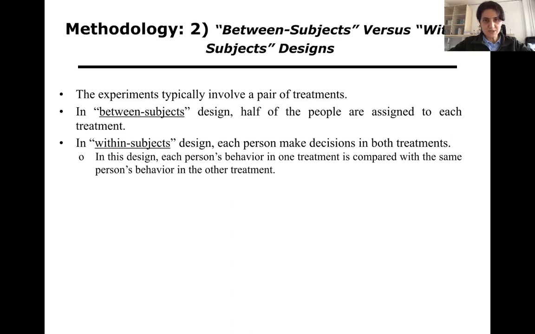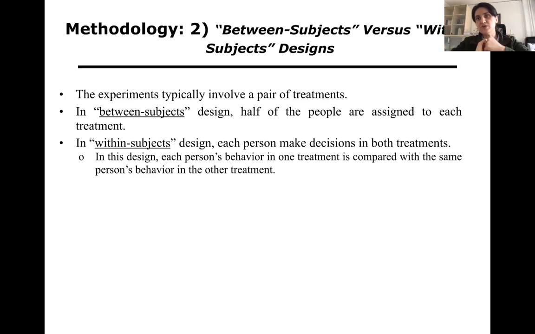In between subject design, half of the people are assigned to each treatment. For instance, remember the prisoner's dilemma example that I gave, fixed partner versus changing partner, partner protocol or stranger protocol. One person is participating in only one of those treatments.